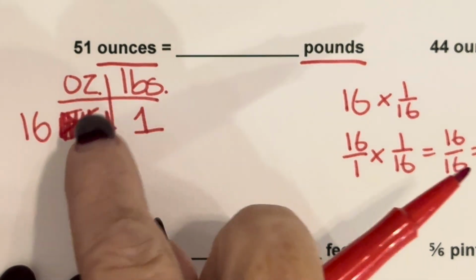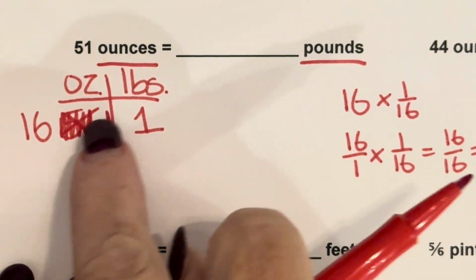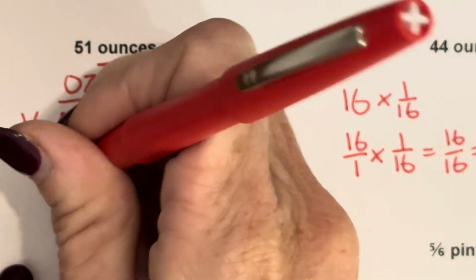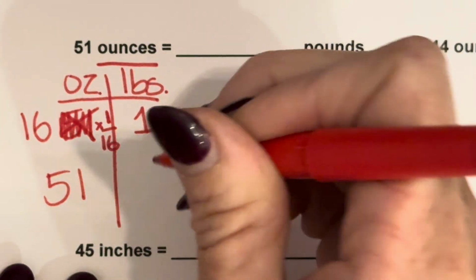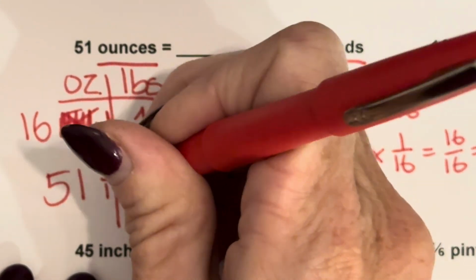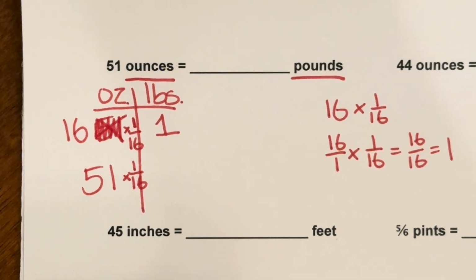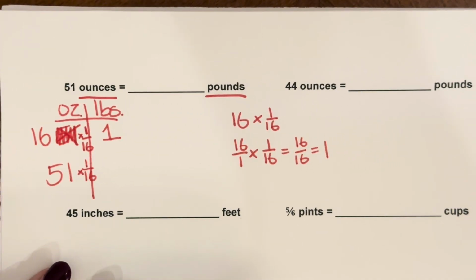So if 16 ounces equals 1 pound and I multiplied by 1/16, well, 51 ounces is going to equal how many pounds? I'm going to have to do the same thing. I'm going to have to multiply by 1/16. So I'm going to zoom back out so I can use some of this space over here.